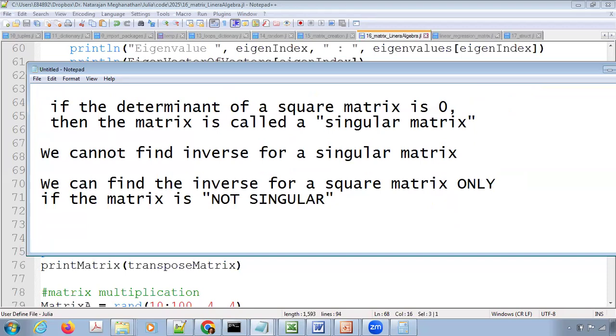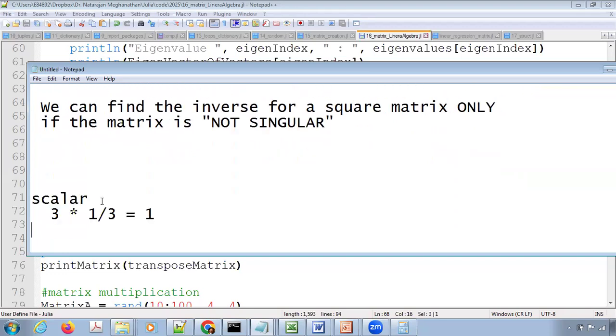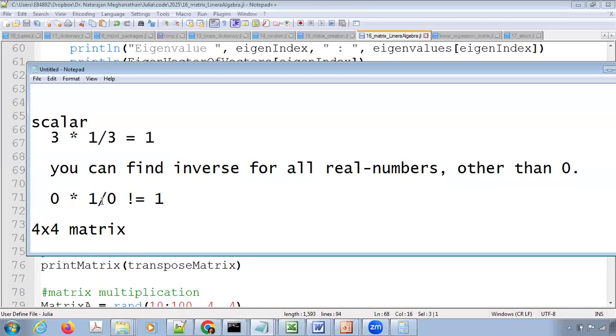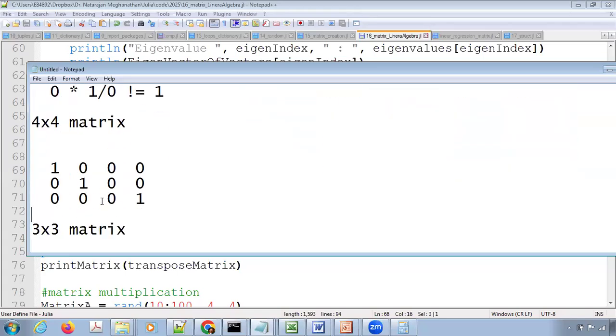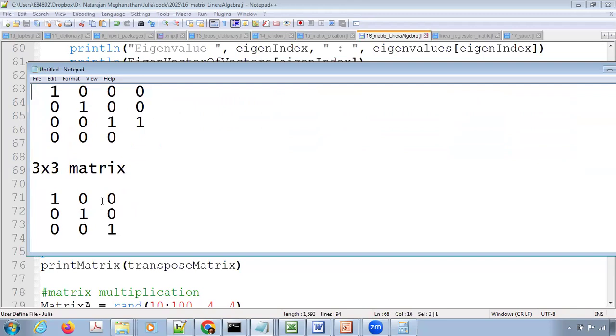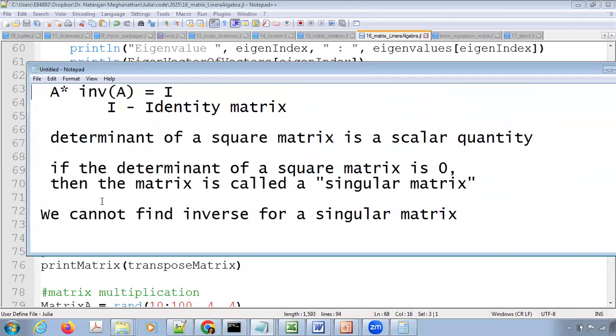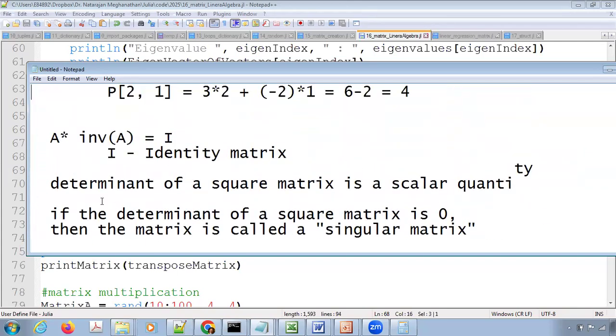If the determinant of a square matrix is 0, we cannot find its inverse, just like we cannot find the inverse of 0. If the determinant of a square matrix is not 0, an inverse exists for that matrix.